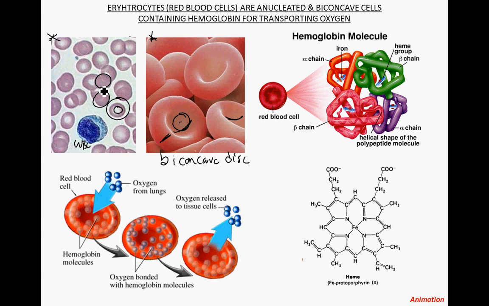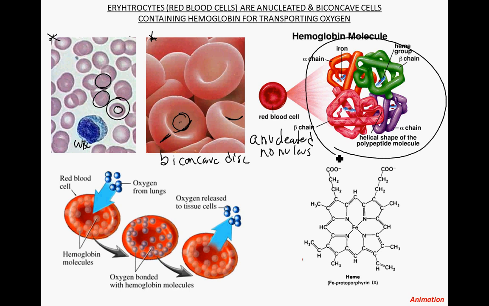Now, the interesting thing about these is that they are anucleated, right, which means that at functional adult maturity, there is no nucleus inside these cells. Right? As they're growing and dividing, they will have a nucleus, but at functional maturity, they are anucleated. And that is to make room for this molecule right here, which is hemoglobin.